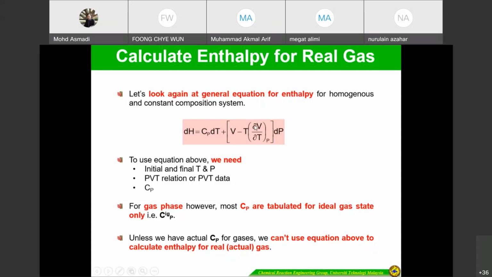Another method is by using equation of state, and the third one is by using generalized correlation. Which one I would suggest? If you compare graph, cubic equation of state and generalized, you have to choose cubic equation of state or generalized.